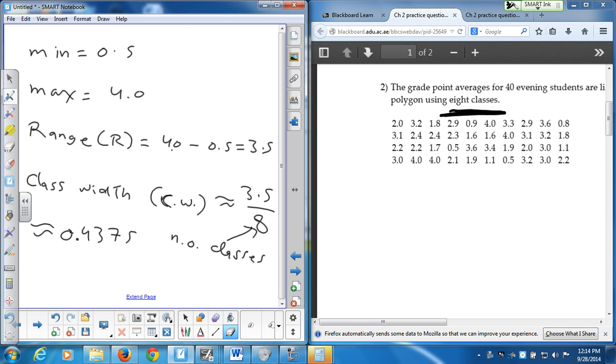We need to take a slightly higher value, and this higher value should be similar in precision to the data. What is the precision here? You see the decimal points here are 1 decimal place, right? This is my raw data. So if I have 1 decimal place here, then I should also have 1 decimal place here.